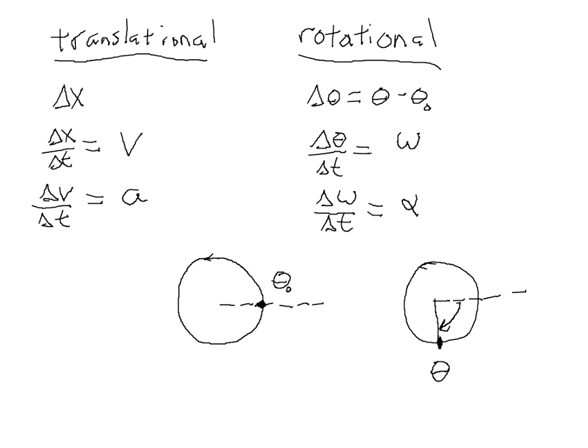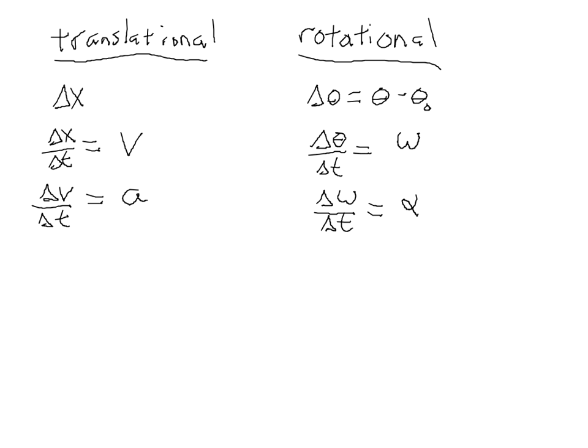Okay. Then, if you remember what we did after we defined certain terms back at the beginning of the semester when we were learning about translational motion, we learned that there are relationships among these quantities, displacement, velocity, and acceleration. We called those relationships the kinematic equations.